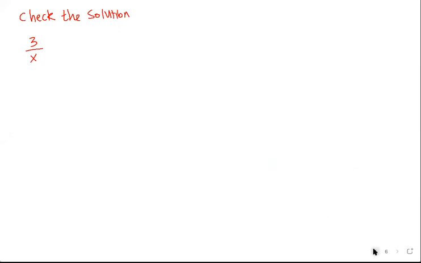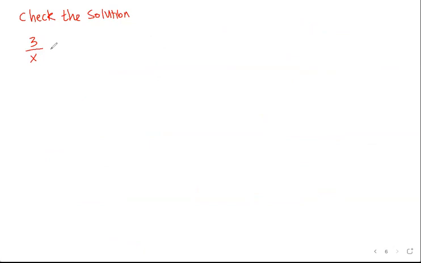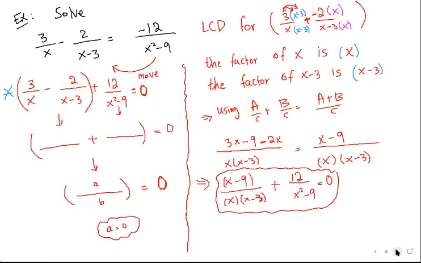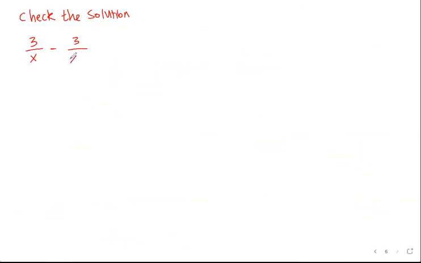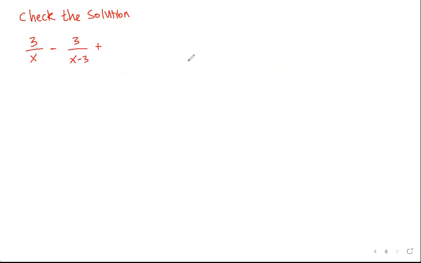Okay, let me do it by myself. 3 over x minus 3, minus 2 over x minus 3, plus 12 over x squared minus 9, equals 0. So we're going to check when x equals 3 and when x equals minus 9.